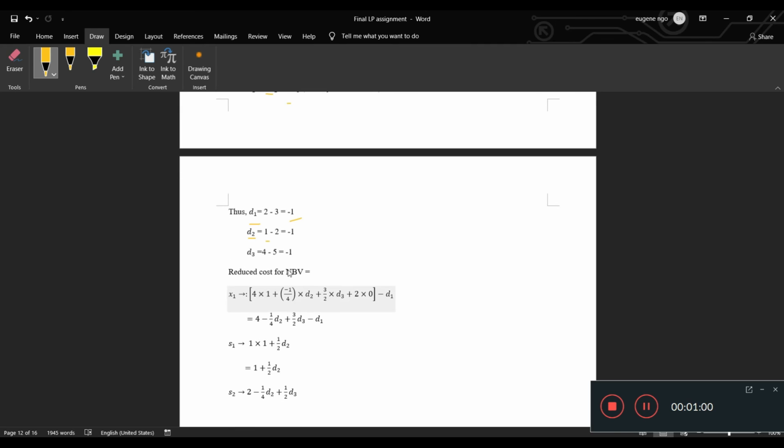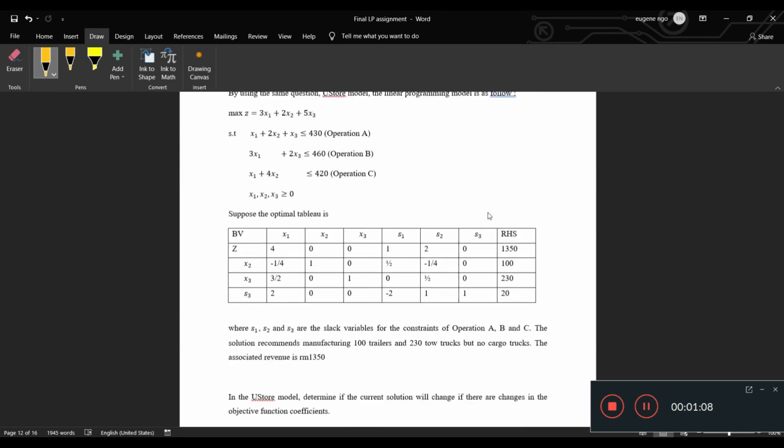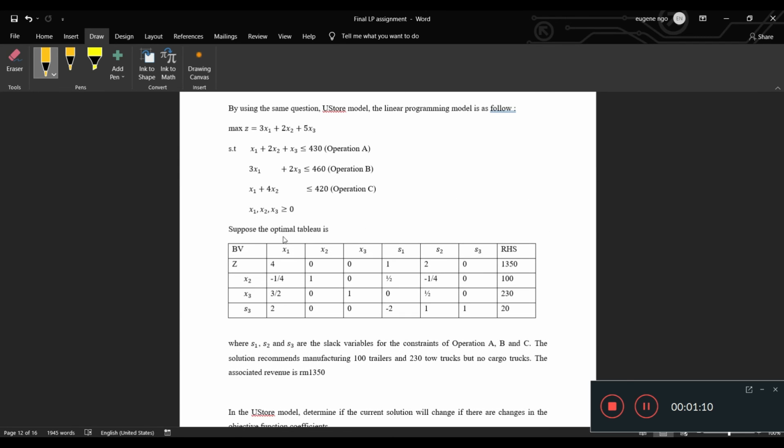So for the reduced cost of the NBV, x1, s1, and s2 are NBV. How do we get this formula? We look at the optimal table. x1 will be d1, x2 will be d2, x3 will be d3, and the slacks will be 0, 0, 0.